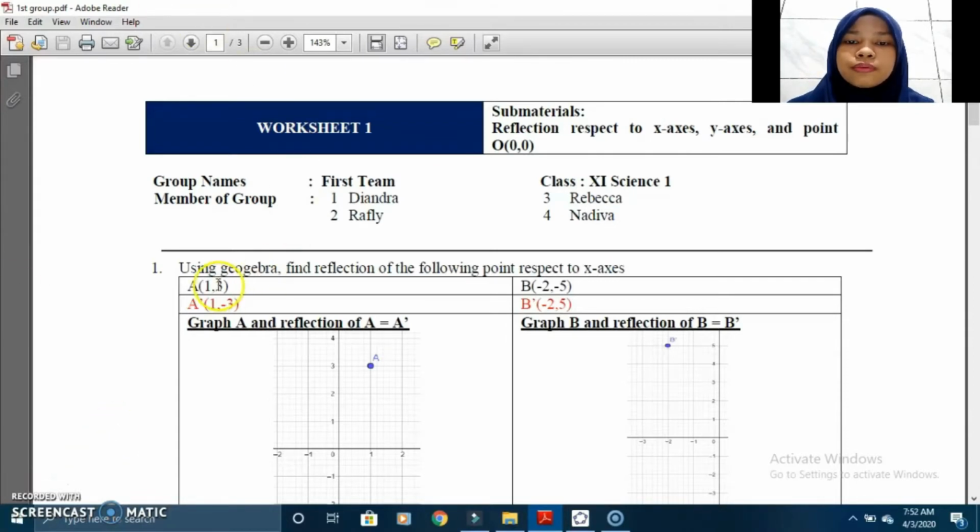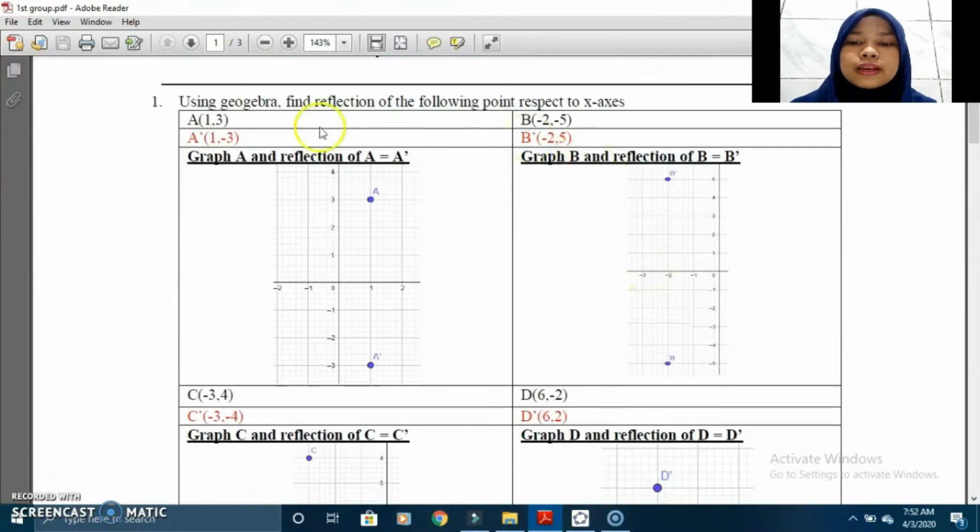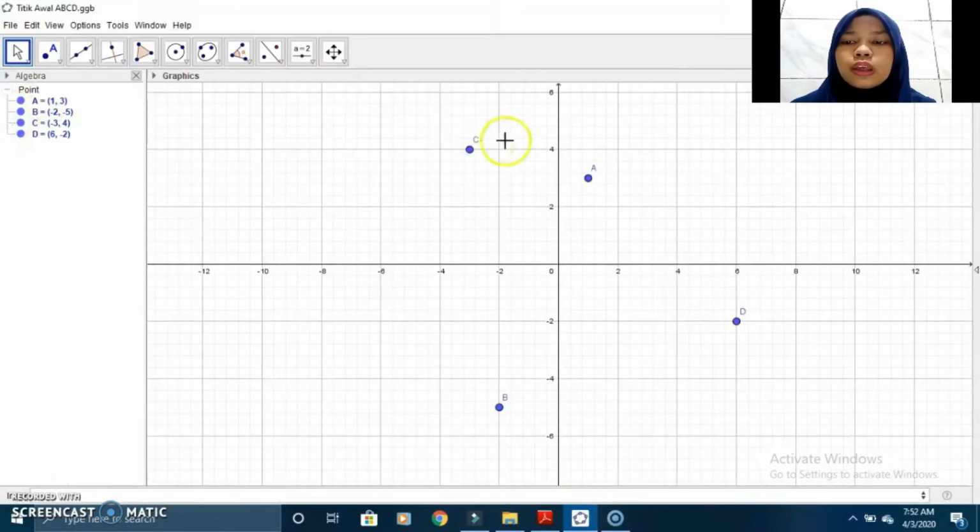Using Geogebra, find the reflection of the following points with respect to the x-axis. Given points A, B, C, and D, with A is (1,3), B is (-2,-5), C is (-3,4), and D is (6,-2). I already plotted each point in Geogebra.